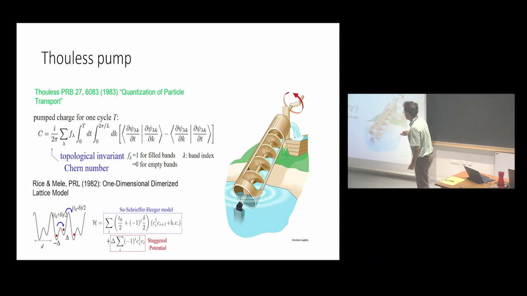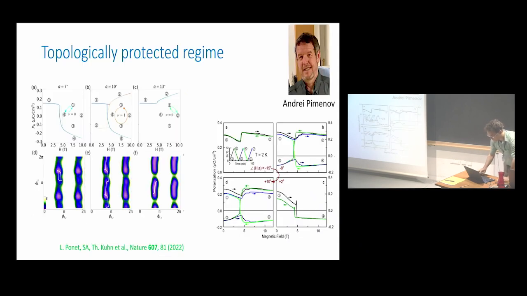One can illustrate it in a simple tight binding model where the parameters of the model control the heights of the minima, and one can show how this charge is pumped along the line. One can make this connection closer by looking at the trajectory of these order parameters in space.